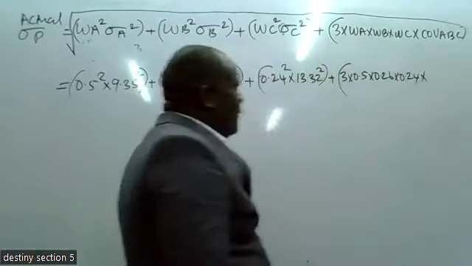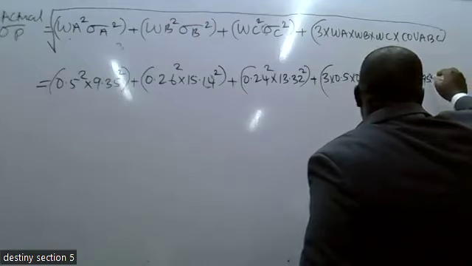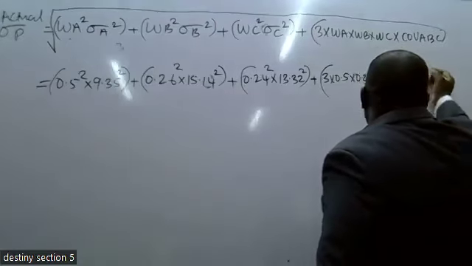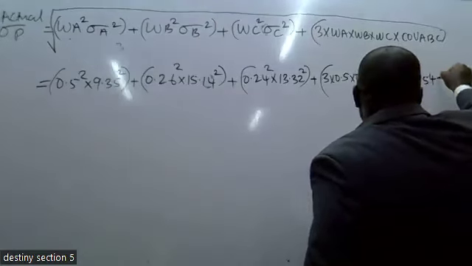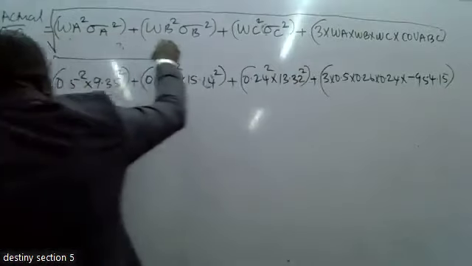It was negative. Negative 995 point what? 954.15.